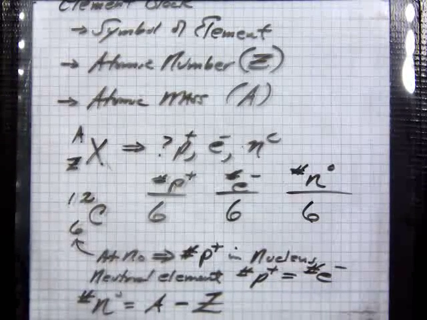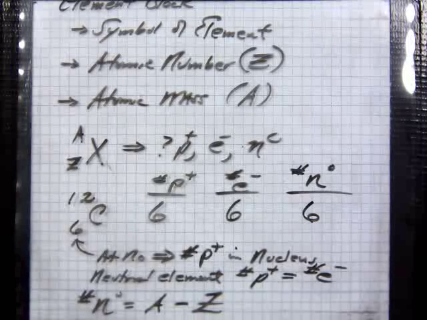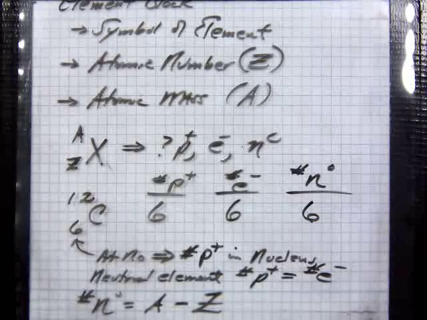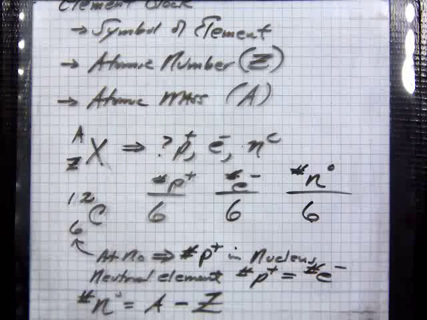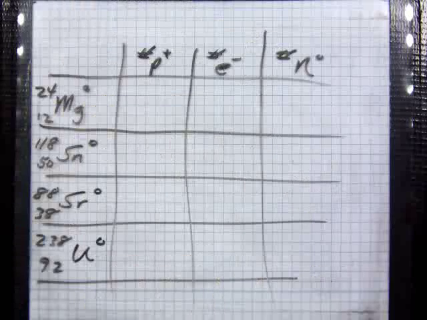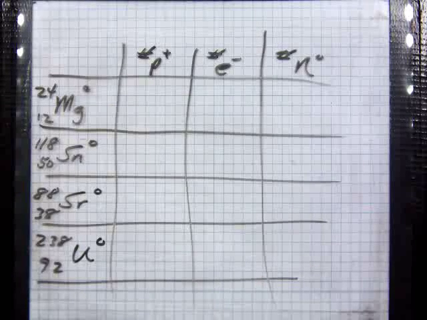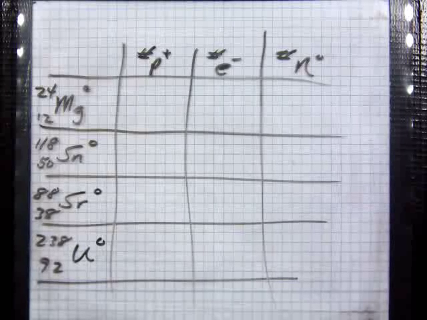So you can go all over the periodic table, pick a number of elements, and easily determine the protons, the electrons for neutral, and the neutrons. Okay, so if you would take a minute, as we look at this critically, the first thing was the number of protons.